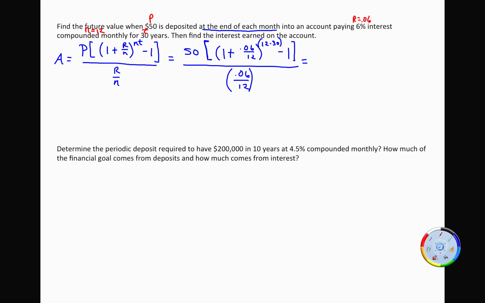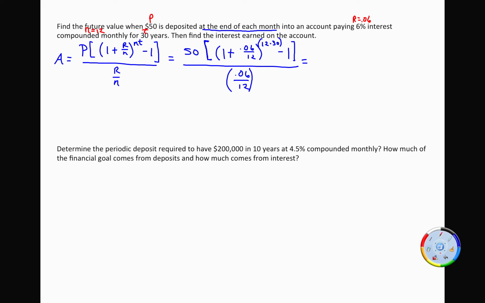Okay, so 50, parenthesis, parenthesis, 1 plus 0.06 divided by 12, close parenthesis, raised to the parenthesis, 12 times 30, close parenthesis, minus 1, close that bracket, which in our calculators is just close that parenthesis, divided by, that big bar is a division symbol, open parenthesis, 0.06 divided by 12.